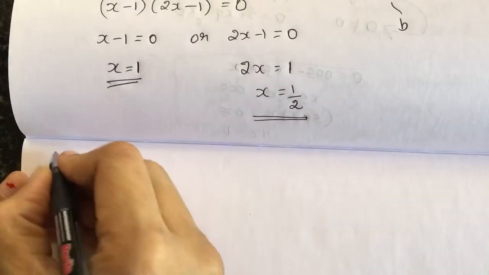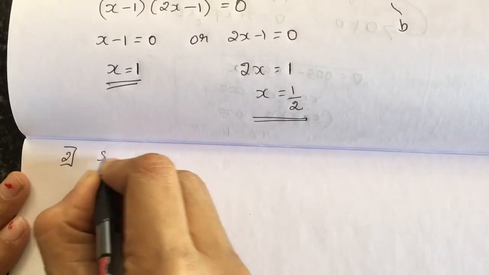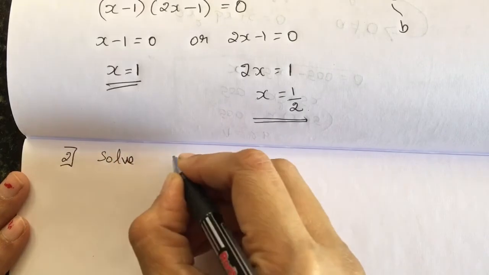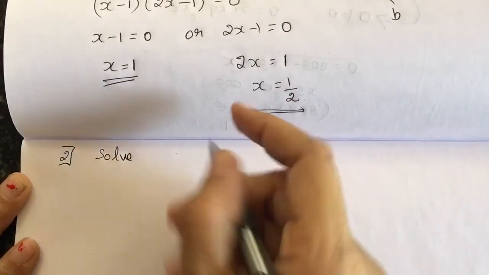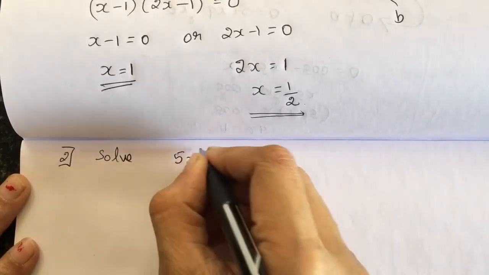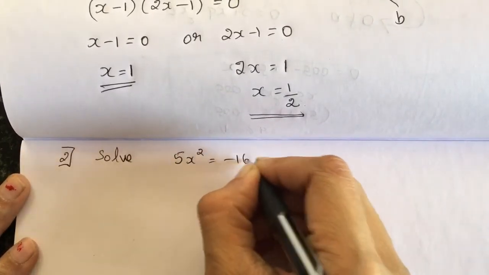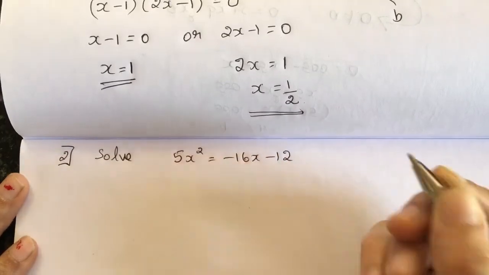I'll take up one more. Solve by factorization method. Solve means calculating the value of x. Solve 5x square equal to minus 16x minus 12.